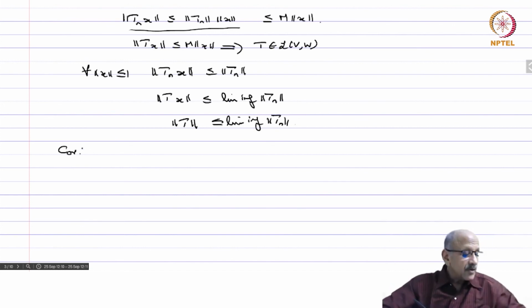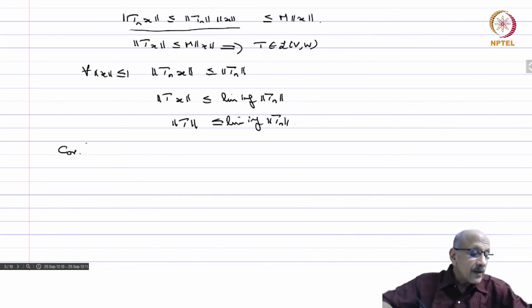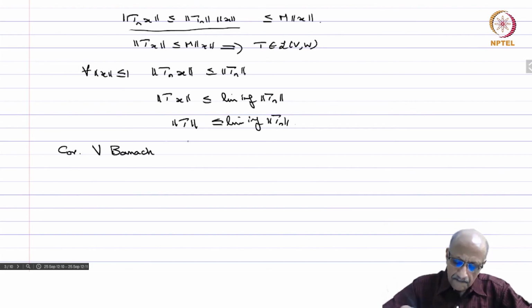Okay, next corollary is again a very nice corollary. So V Banach and B contained in V some set.